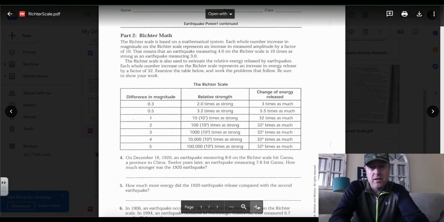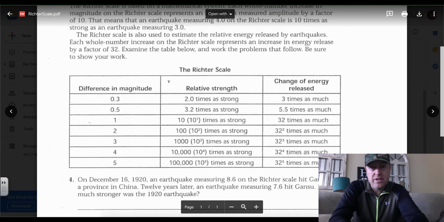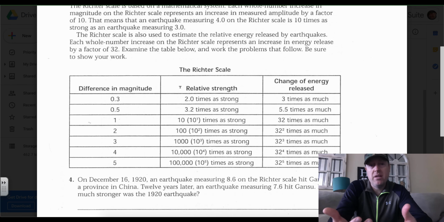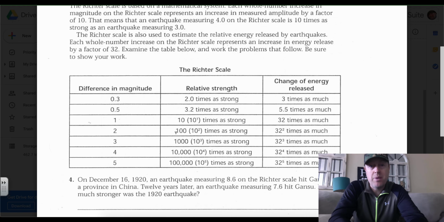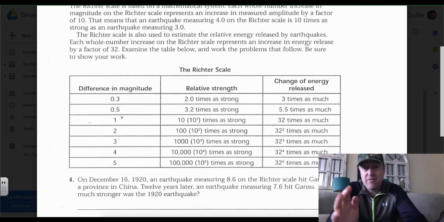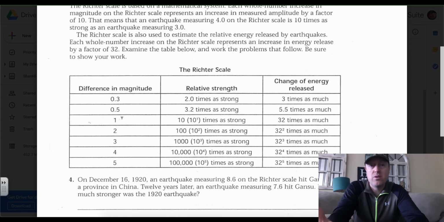I'm going to zoom in a little bit so we can focus on this part. It's a mathematical measurement, and it's logarithmic, meaning from one number to the next, it goes up by a factor of 10. So 1 on the Richter scale means that it's 10 to the first power. A 2 means that it's 10 to the second power, so this means that it's 100 times stronger. If we have one whole number difference, the difference between a 6 and a 7, it's 100 times stronger.